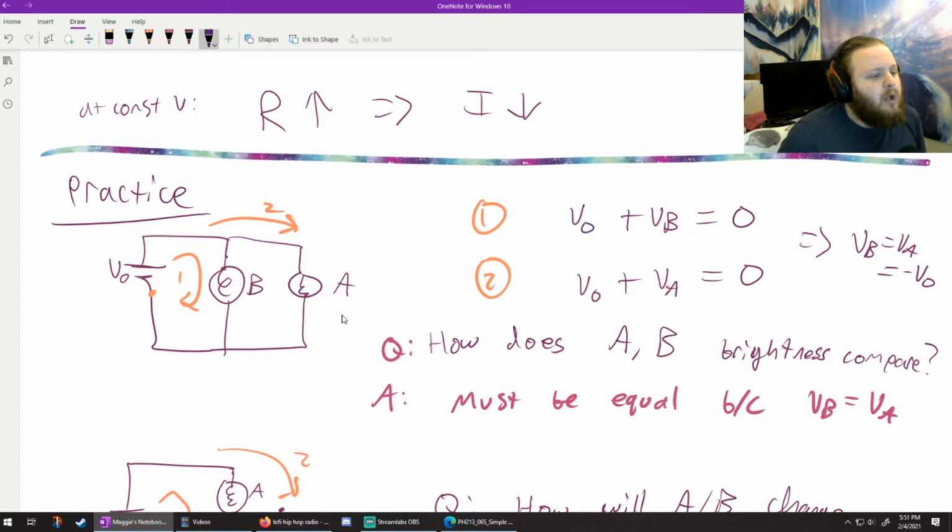So if I add this second light bulb in here at A, the battery is going to be able to put out more current. And if you're a very physics or circuit inclined person, then you can understand this through the concept of equivalent resistance.